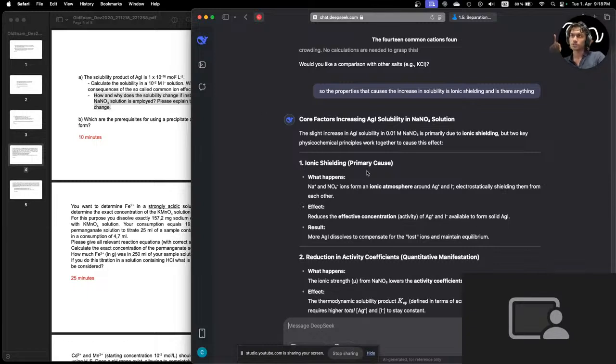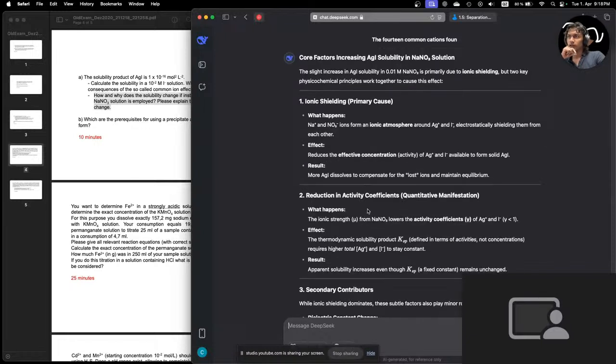Physicochemical properties. Reduction in activity coefficients.